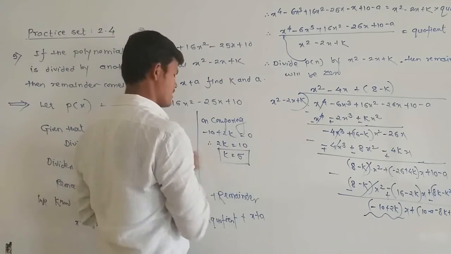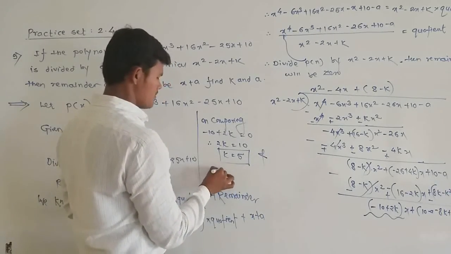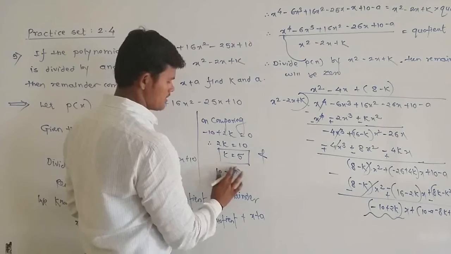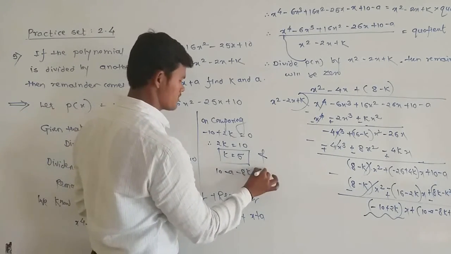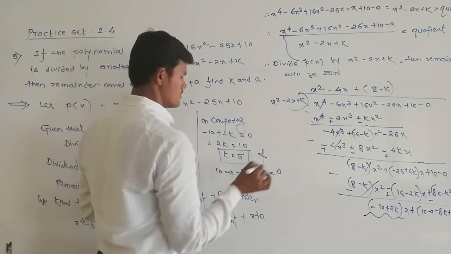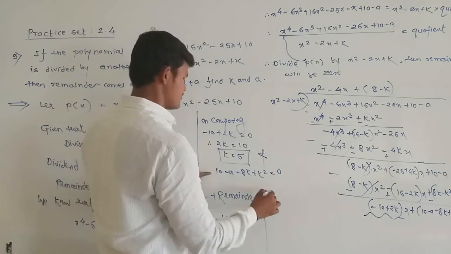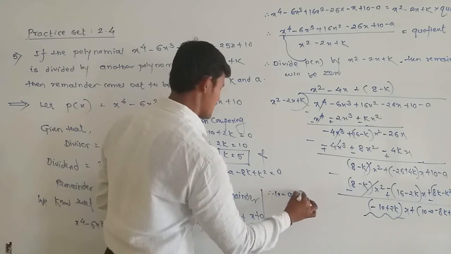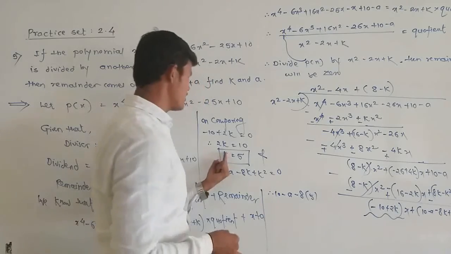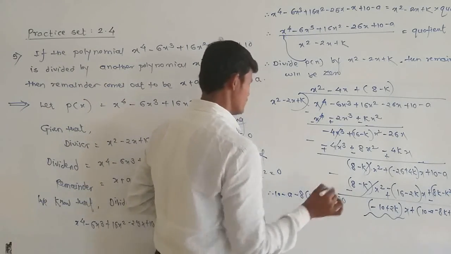So here we get the value of k as 5, and 10 minus a minus 8k plus k square is also equal to 0. So we get 10 minus a minus 8 in bracket 5, because value of k is 5, plus 5 square is equal to 0.